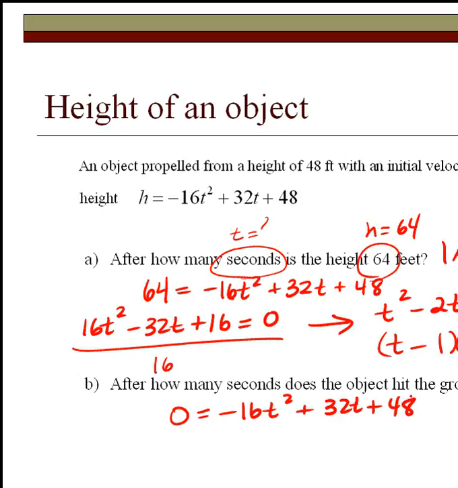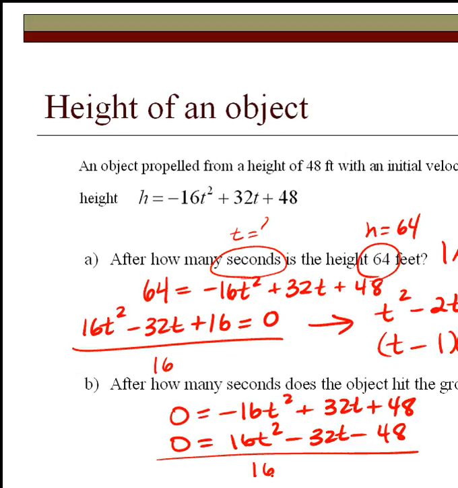Again, if we don't like the negative sign there, we could multiply everything through by -1 to get 16t squared minus 32t minus 48. But here again, 16 goes into everything evenly. So if we divide by 16, we get the equation 0 is equal to t squared minus 2t minus 3.